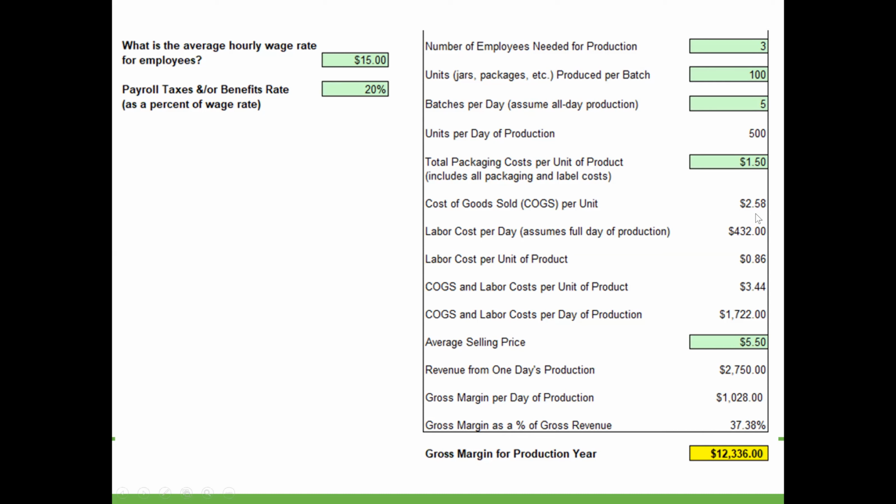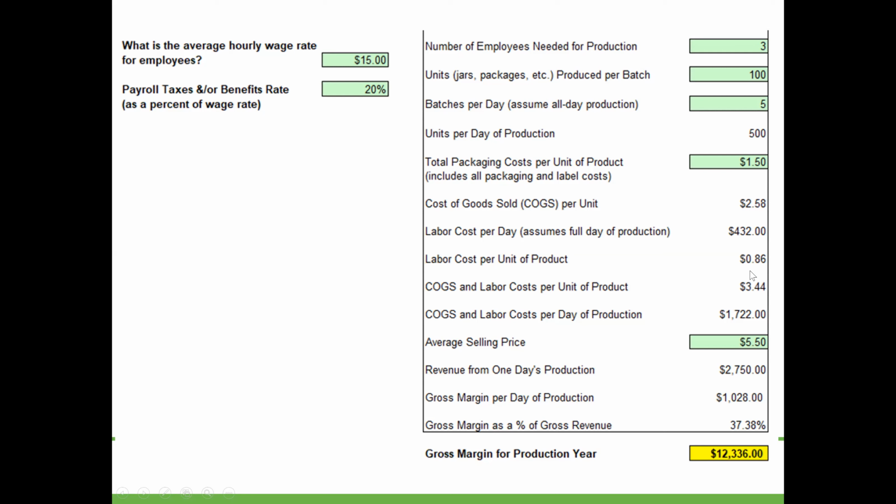My labor cost per day, I've got 3 employees. I'm paying them $15 an hour plus 20% for payroll taxes and benefits. So my labor cost to produce those 500 jars is 86 cents a jar.